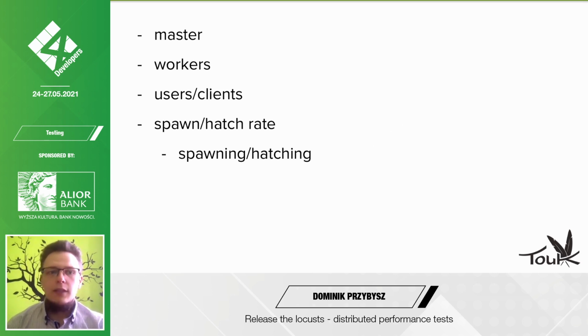On each worker, we are running a lot of users or clients; the names are used interchangeably. And when we want to create new users, the speed at which we create them is called spawn or hatch rate, and the process of running such users is called spawning or hatching.